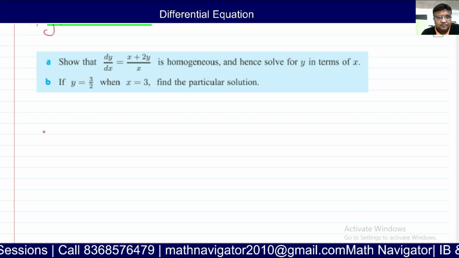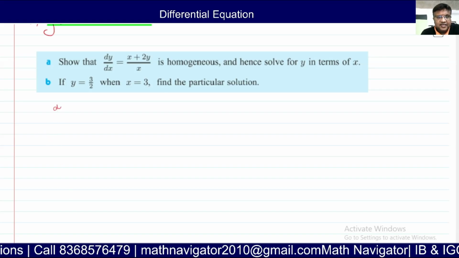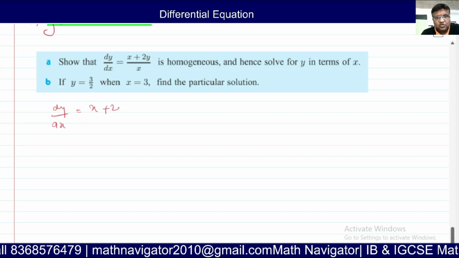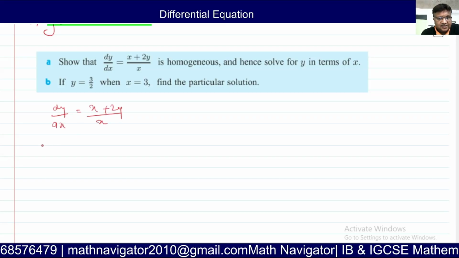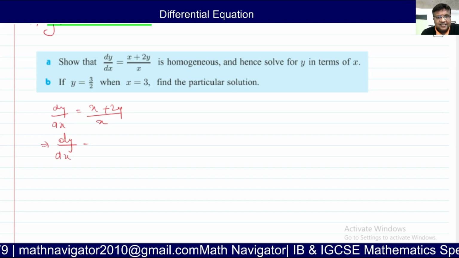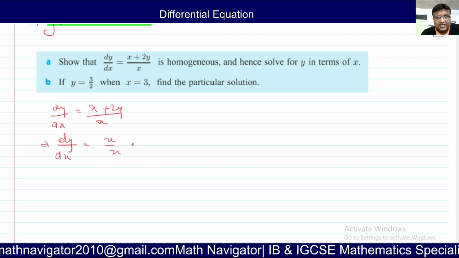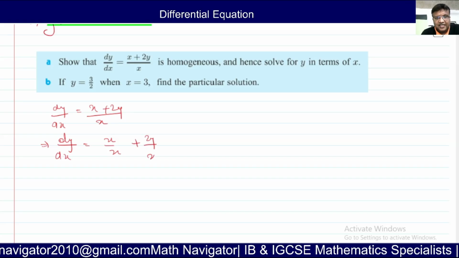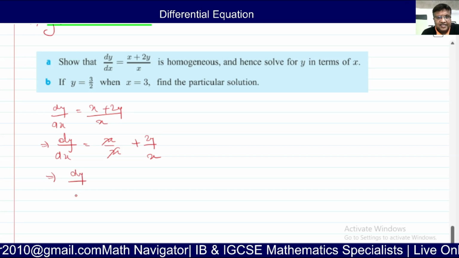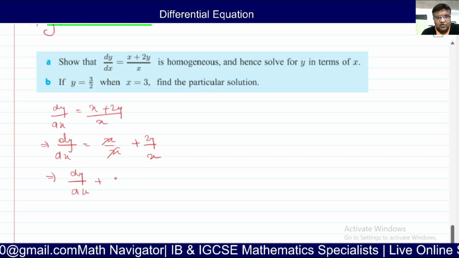Let's do dy by dx is equal to (x plus 2y) by x. It implies dy by dx equal to x by x plus 2y by x. x by x cancels, so dy by dx equal to 1 plus 2y by x.